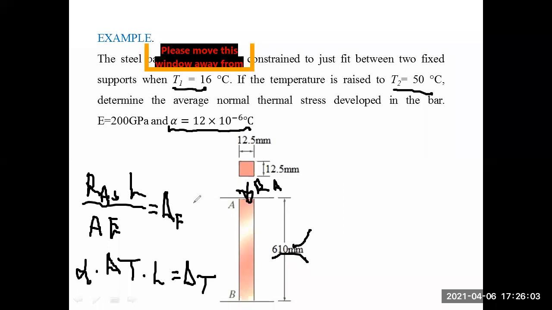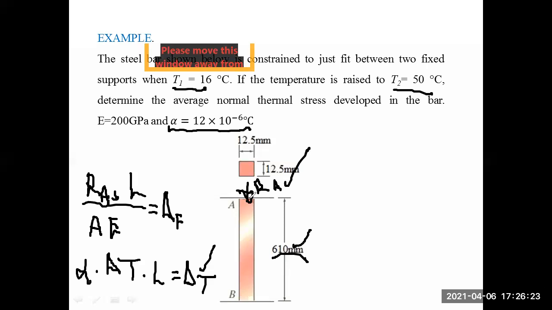So I have delta T due to temperature, which was possible if there was no constraint, and I have delta F due to the reaction that is induced due to the thermal expansion, which is RA. RA is induced due to the thermal expansion.